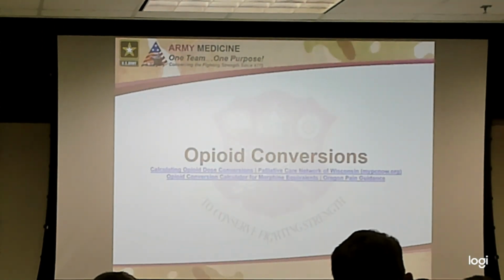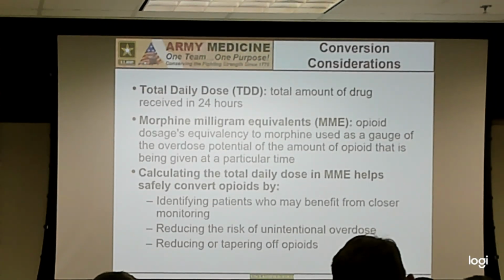All right, our conversions. This is our last part. Here are some definitions that we already went over, so I'm not going to go over them again. And essentially what your MMEs are doing is helping you identify patients who you could monitor more closely, because you don't see it in a morphine dose. Maybe you didn't realize, like, oh, I'm giving them a lot of hydrocodone.